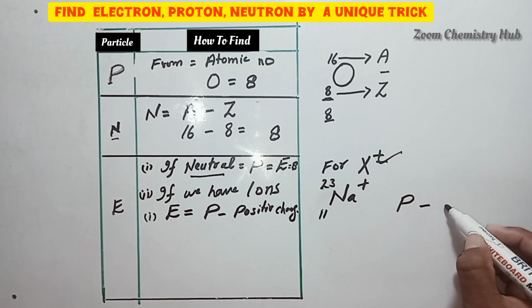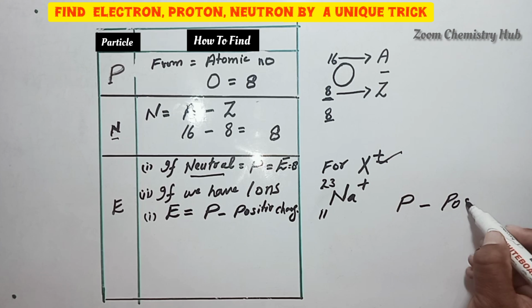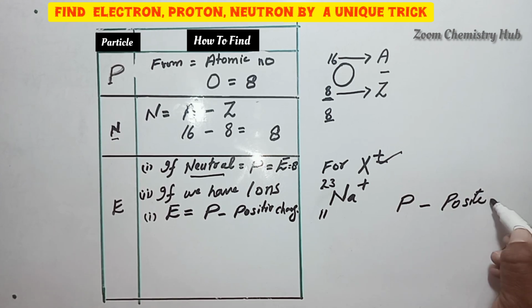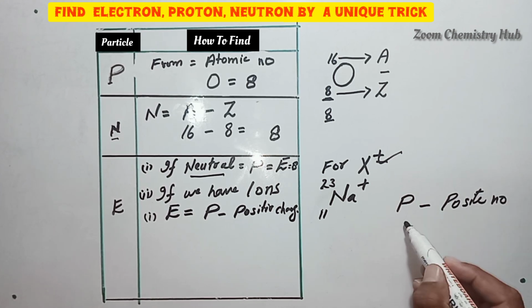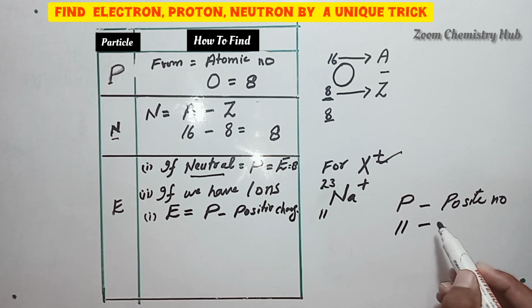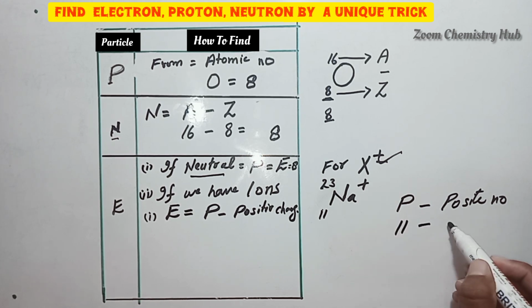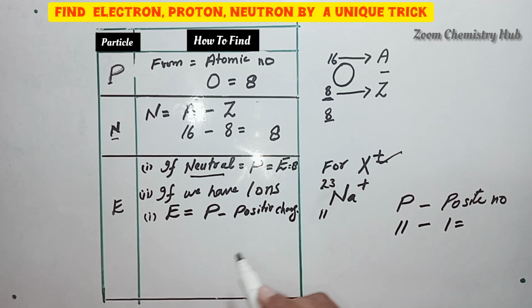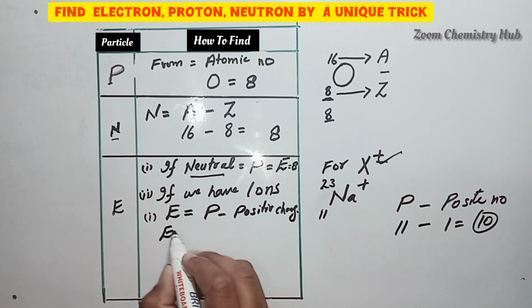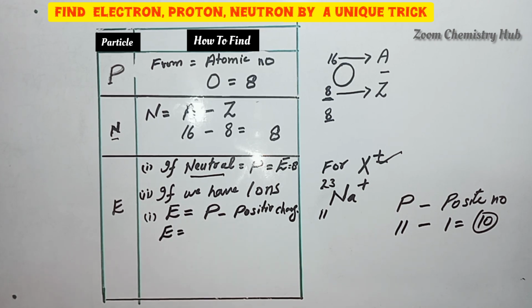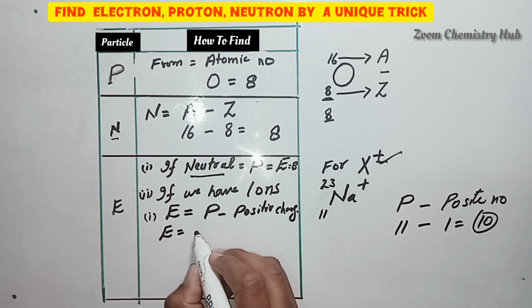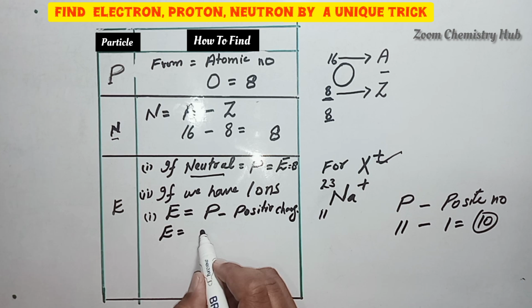The number of proton is 11, and here the positive number is 1, so the number of electron is 10. Number of electron can be found if we have a positive number, then we subtract the positive number from the number of proton.